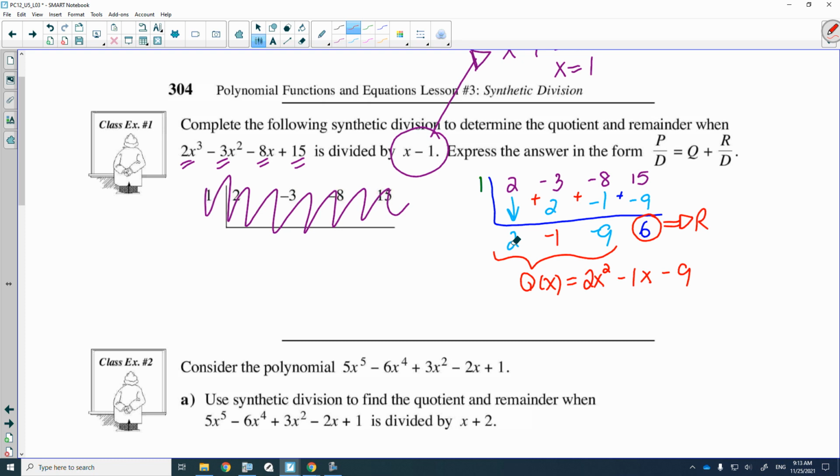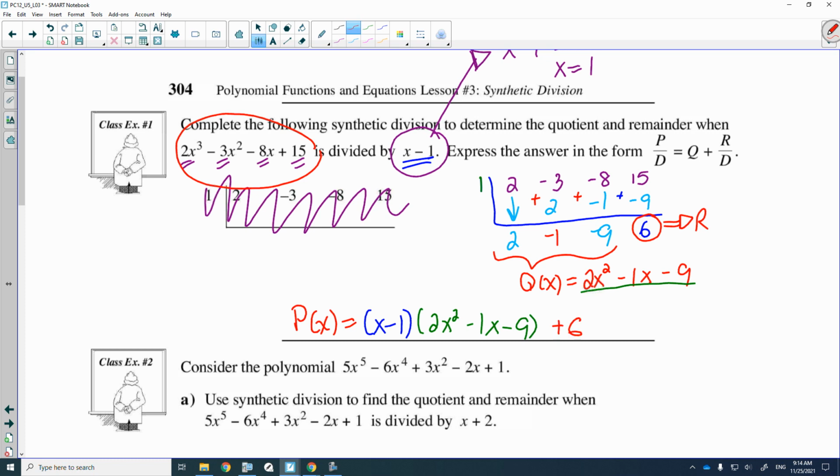And you're done. So the division statement, p of x is equal to, so remember, this guy up here was the polynomial. How do you get that? It is the divisor, which is x minus 1, times your quotient, which was this, and you add your remainder.